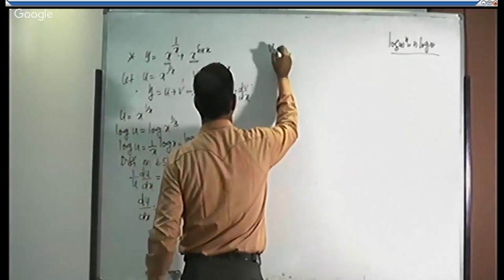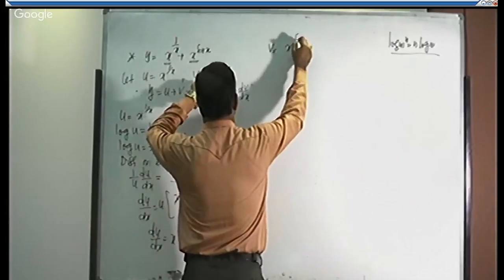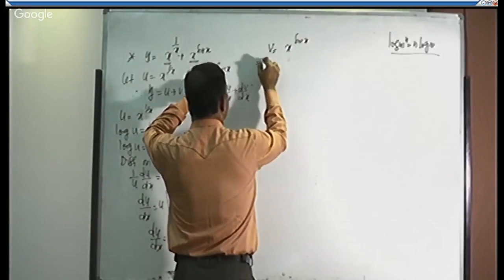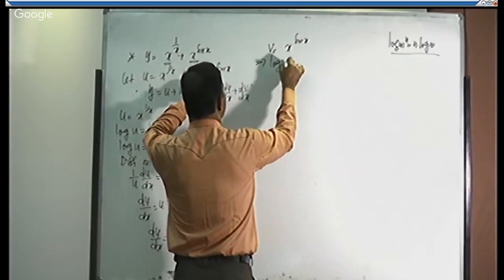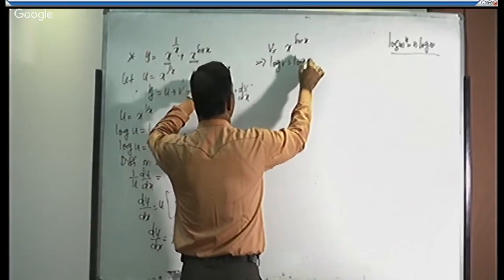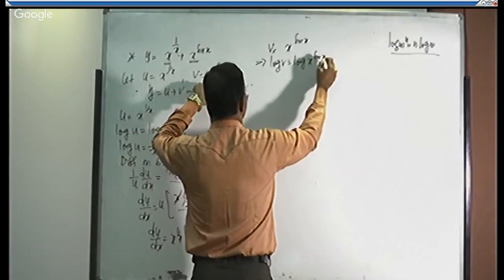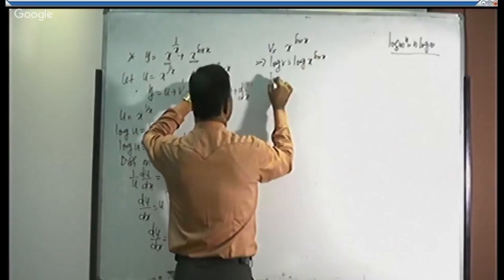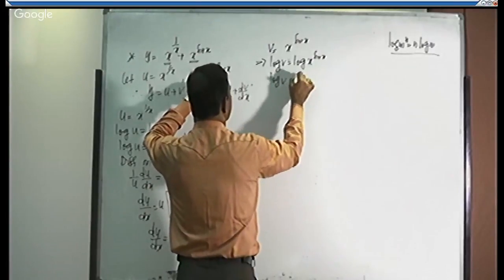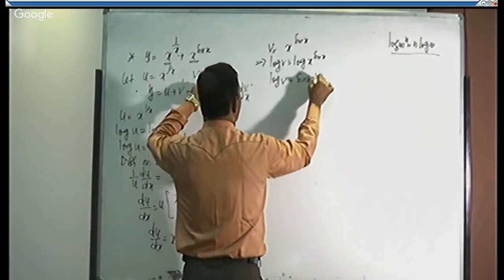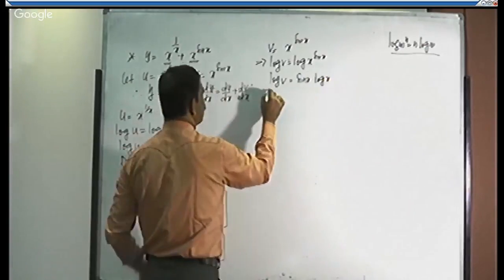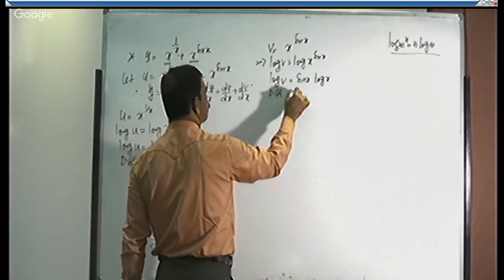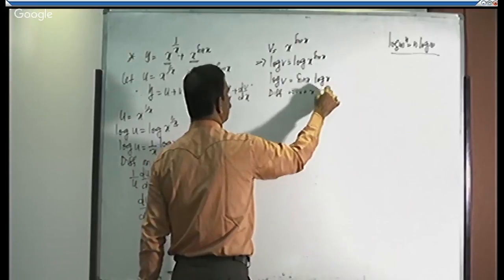What is v? v is equal to x to the power of sin x. Take log on both sides. Log v is equal to log of x to the power of sin x. Using this law, the right side term becomes sin x into log x. Differentiate with respect to x on both sides.